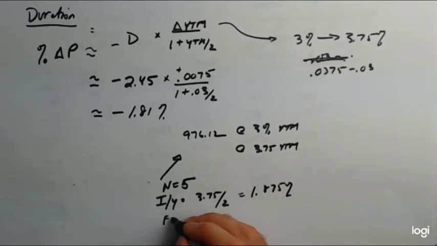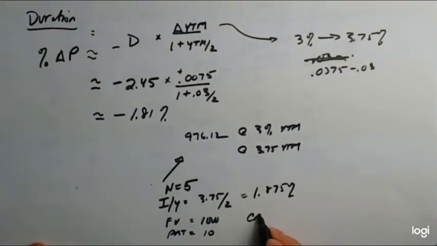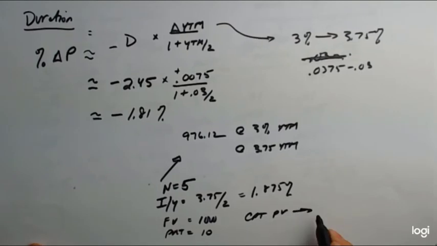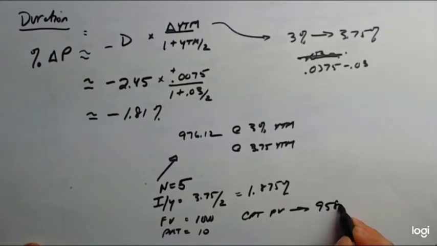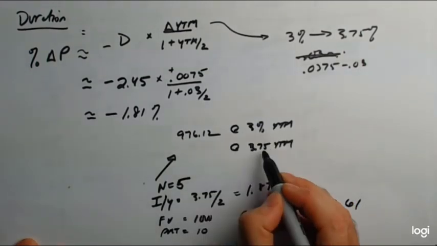And we're going to have a face value of $1,000 and a payment of $10. Now when you plug that in and hit compute PV, out will pop 958.61.